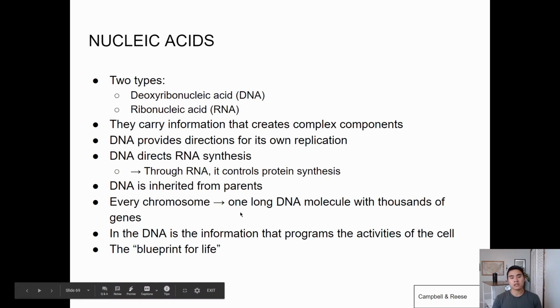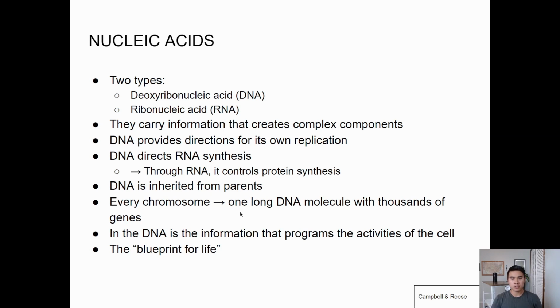And we inherit that DNA from our parents. Every chromosome is one long DNA molecule with thousands of genes, all together at once. And that's like the blueprint for life, that when it is transcribed and then translated, it's essentially unraveling what the blueprint for life is.